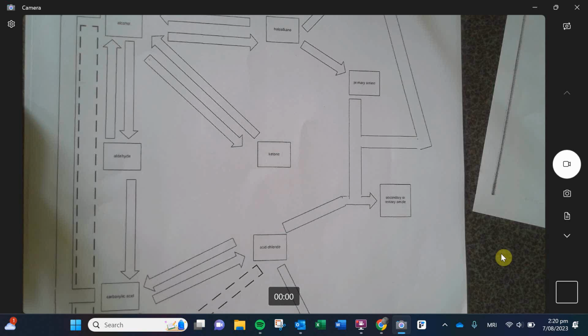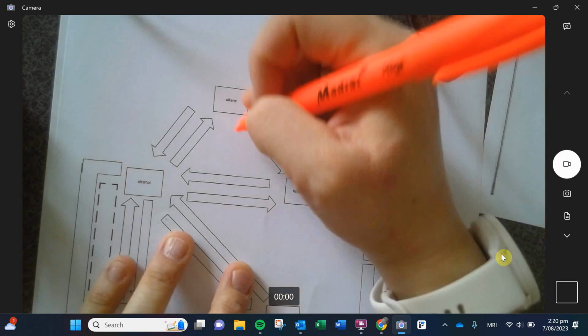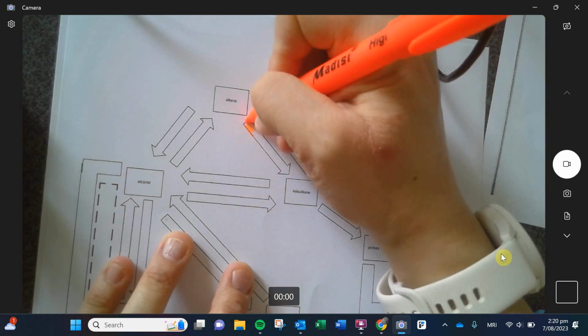All right. So I'm going to highlight the addition reactions in orange. This marker doesn't work. I'm throwing it out. So the orange ones are, we're looking for alkene, and we're going from alkene to something else. So this one's going to be orange.